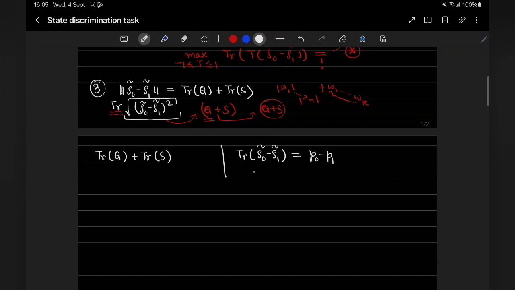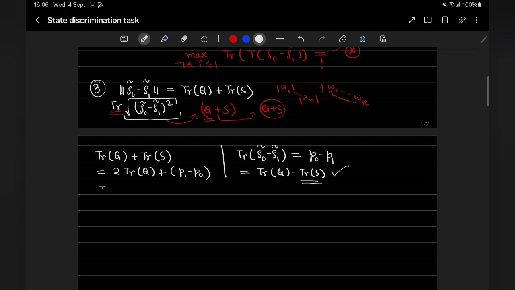This is simple, and this is also equal to trace of Q minus trace of S. So this is simple, because we have defined rho 0 minus rho 1 as Q minus S. So trace Q plus trace S can be written as 2 times trace of Q plus P1 minus P0. That is using this expression.